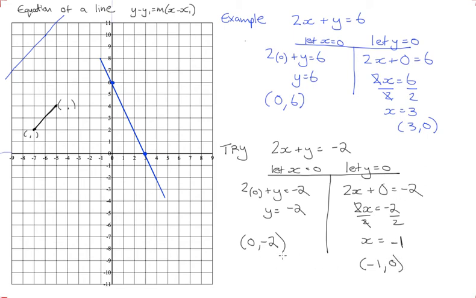I have my 2 sets of coordinates, so I'm going to go over here and I'm going to mark them. So 0, minus 2, down to minus 2. And then here we have minus 1 and 0. So we have minus 1 on the x-axis and 0 on the y, so it's here.